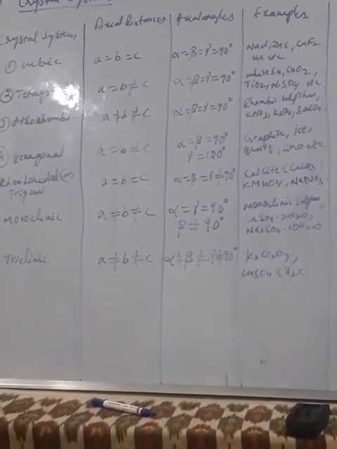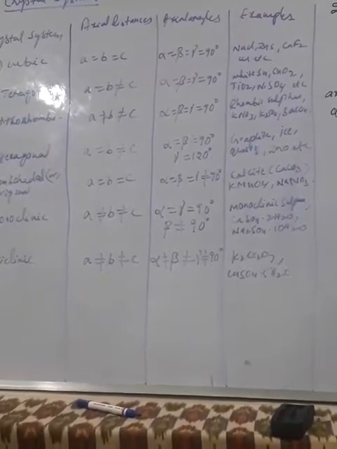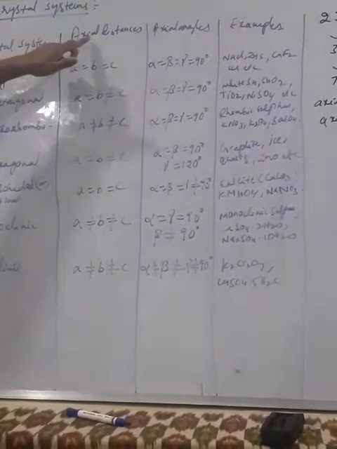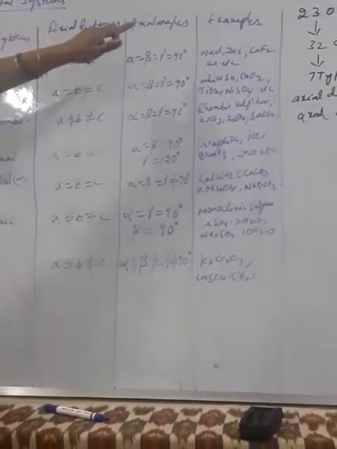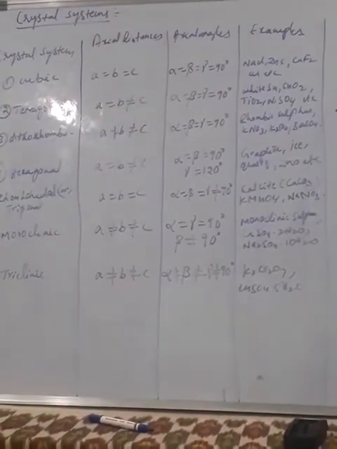These 7 types are classified basing upon axial distances and axial angles. I will explain one by one.